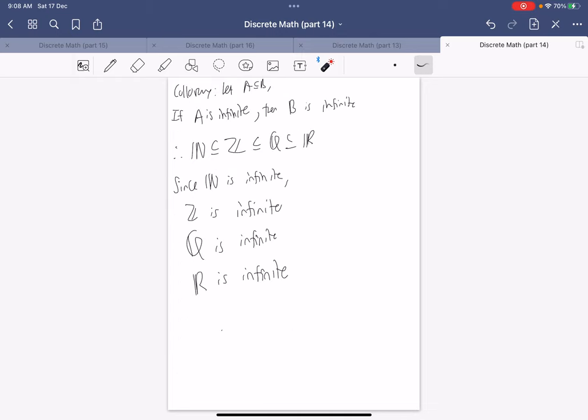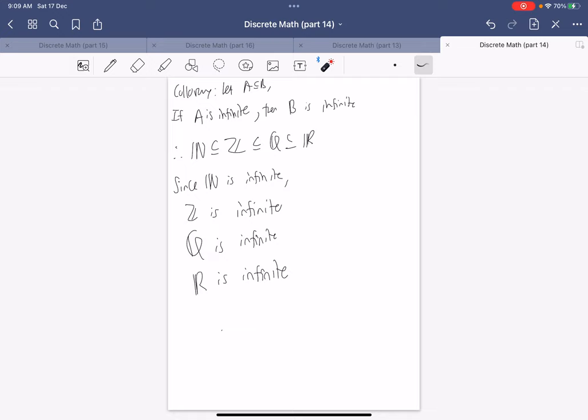And so, a corollary of it is now that because if B is finite, A will be finite, if you take the contrapositive, if A is infinite, then B is infinite. And so you know that N is infinite. Z, Q, and R all containing N will make it infinite as well.